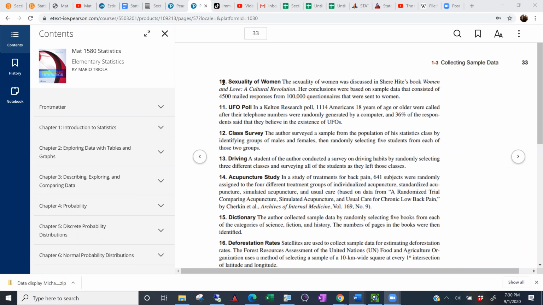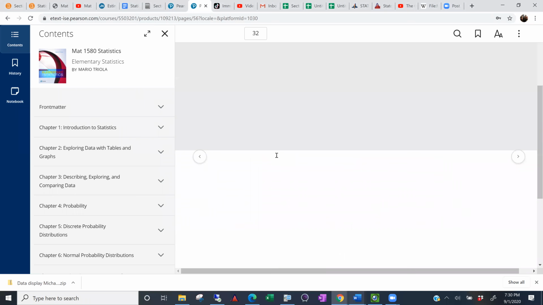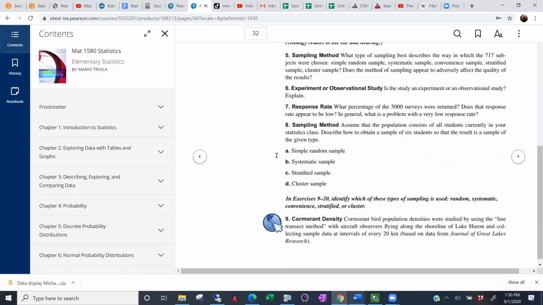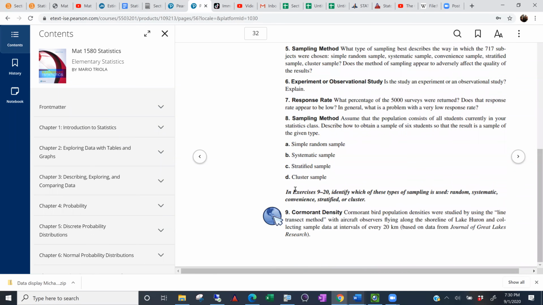Okay, we've got a lot of choices here as to the type of sampling represented. Let me back up a second and show you those choices again. In exercises 9 through 20, identify which of the types of sampling is used: random, systematic, convenience, stratified, or cluster.